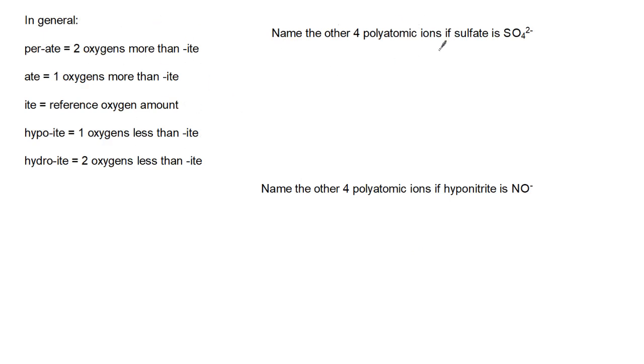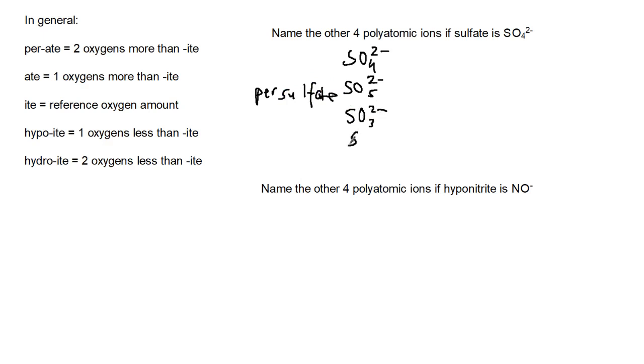So it's summarized right here. Name the other 4 polyatomic ions if sulfate is like this. So we have our SO4, SO5 2 minus, which is persulfate. I don't even know if that's an actual substance.